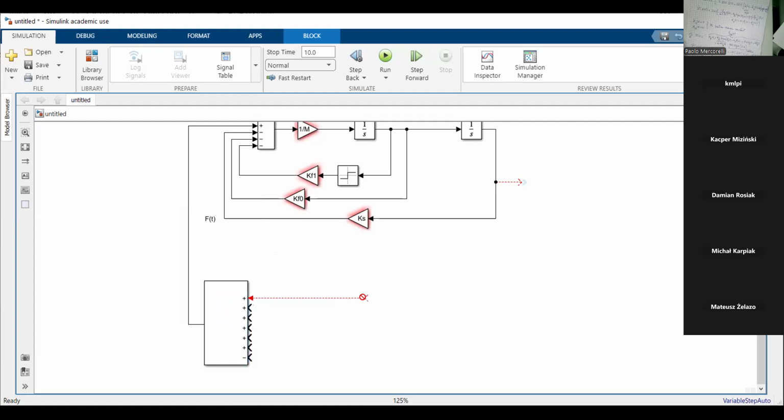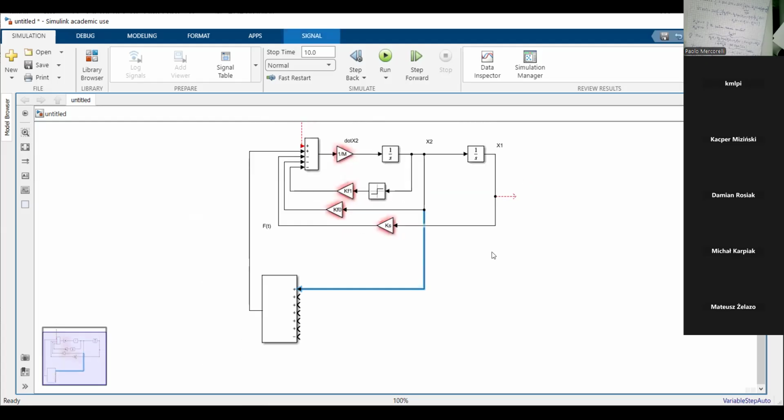This means here I copy kf1 multiply x2. X2 is here. You can see now.